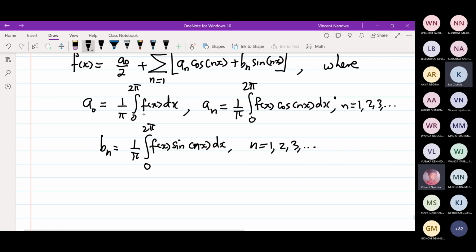An exercise, skip one page to do this. So 1, state the Dirichlet's conditions for a Fourier series.